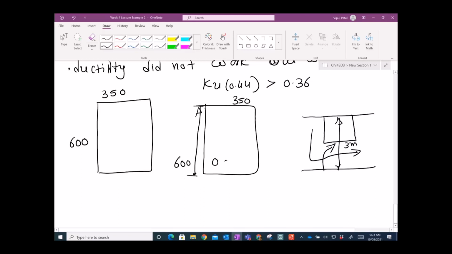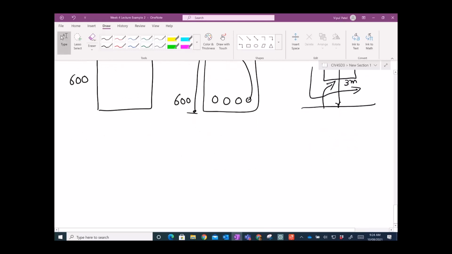Then you have an option that you can throw some bar here at the top, in the compression side, right? You provide that compression side, but make sure that your KU value is less than 0.36, and you make all the checks. So we have these options, meaning that, let's say next step number 2, KU is greater than 0.36.